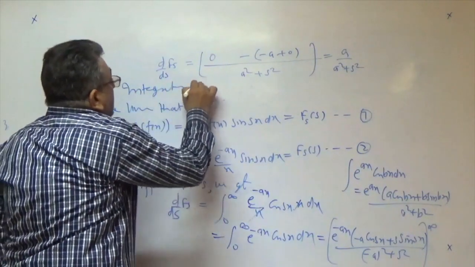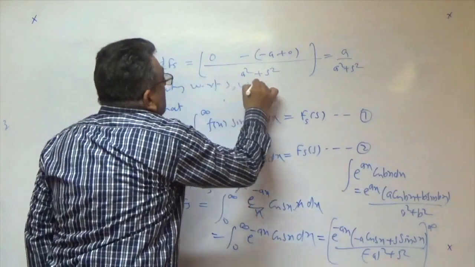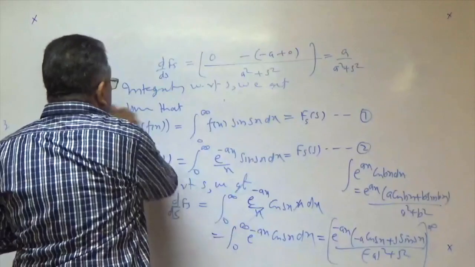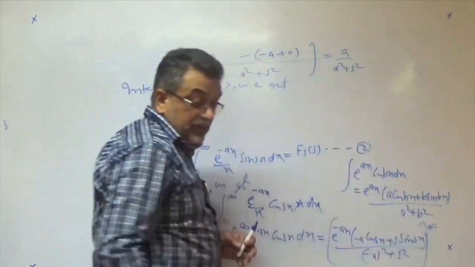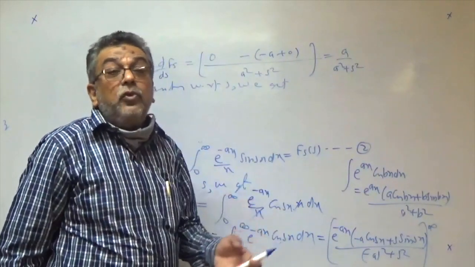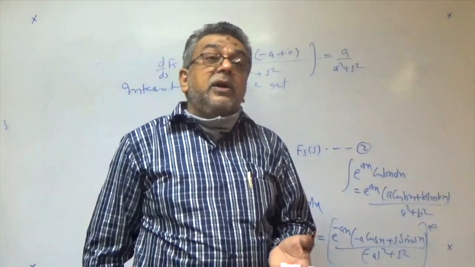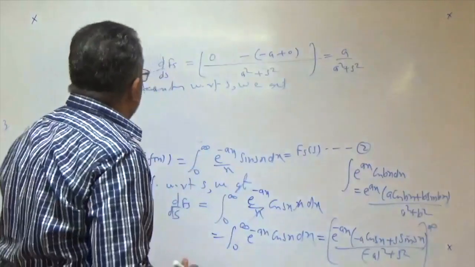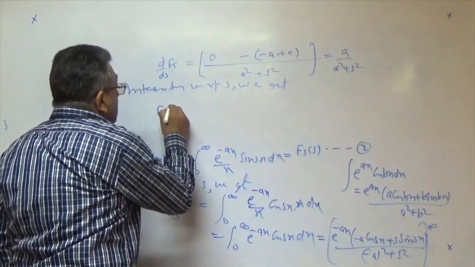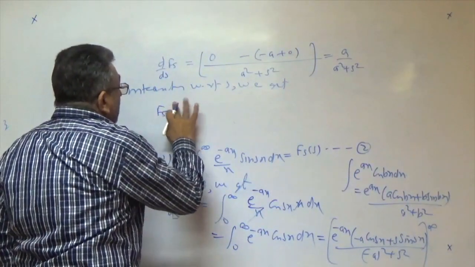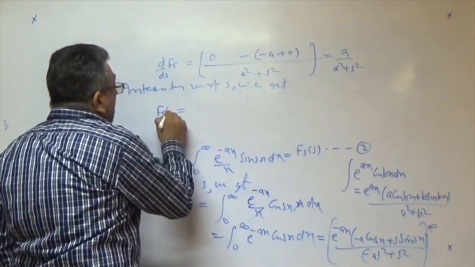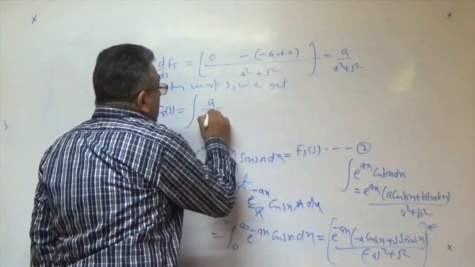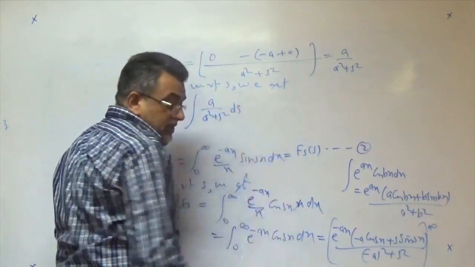Now, integrating with respect to s, we get this. This is the process, this is the trick, this is the method by which you have to solve the Fourier sine transform as well as the Fourier cosine transform. This is F(s), and this is the integral of a upon a square plus s square ds.